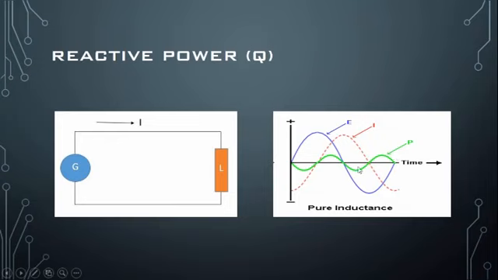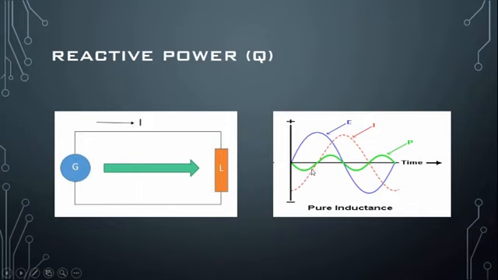So what exactly do this positive peak and negative peak of power mean? Let's see that. During the negative peak, your power flows from the inductor to the generator. That is the negative peak. And during the positive peak, your power flows in the normal direction, which is from generator to the load, or to the inductor.